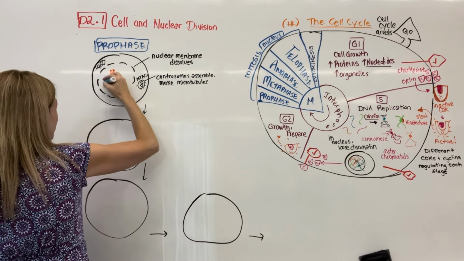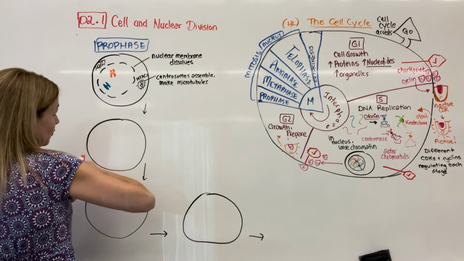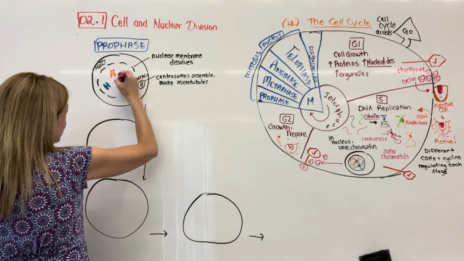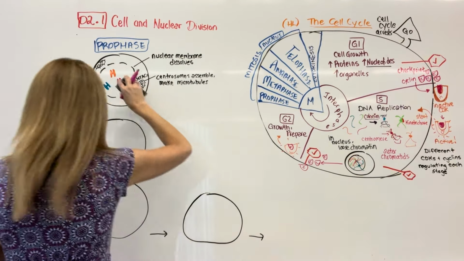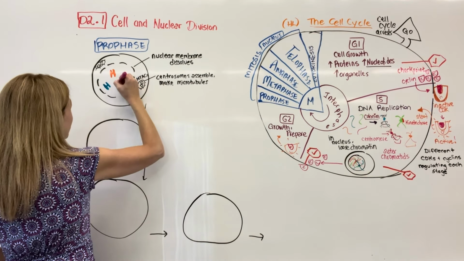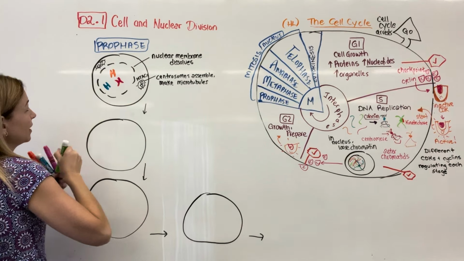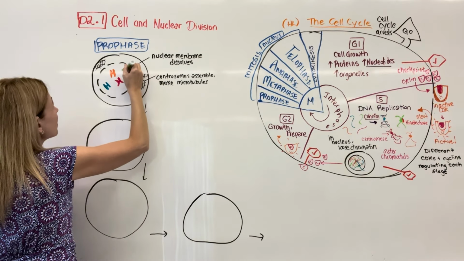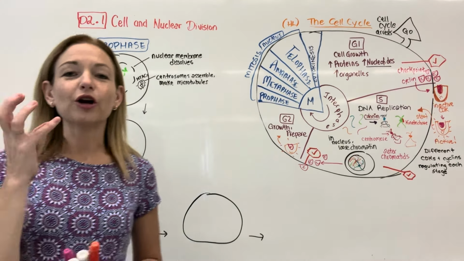So we are going to see my DNA is going to condense, which means it's going to wrap tighter around the histones. So I don't really know why I've drawn them like H's instead of X's. More like that. Okay, so those are going to assemble or condense.